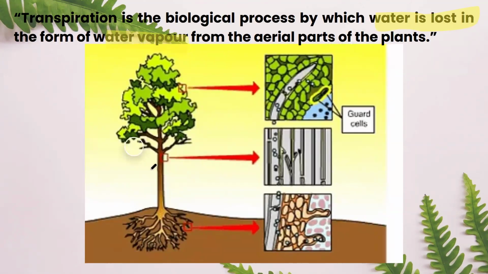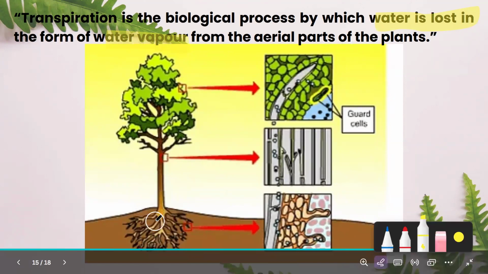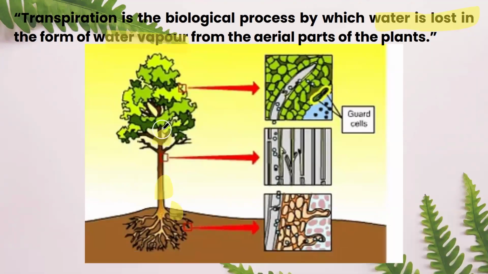Aerial part means, the roots which are there in the ground we cannot count as an aerial part. Here we can see the roots very close to the surface, and even the stem and leaves, which we can call the aerial part.